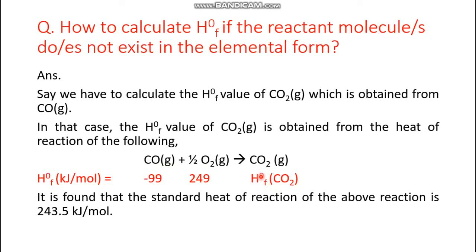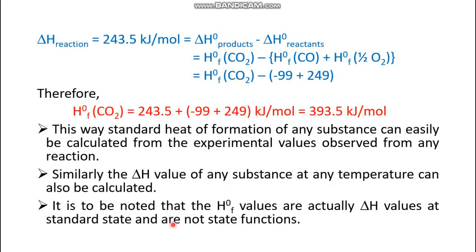The heat of the reaction is experimentally observed and found to be 243.5 kilojoule per mole. So, simply, 243.5 kilojoule per mole plus 99 minus 249, with the negative sign multiplied here. This way it is found to be 393.5 kilojoule per mole.